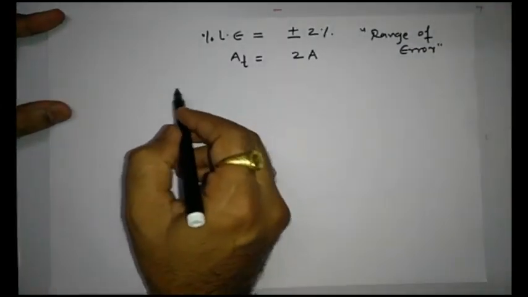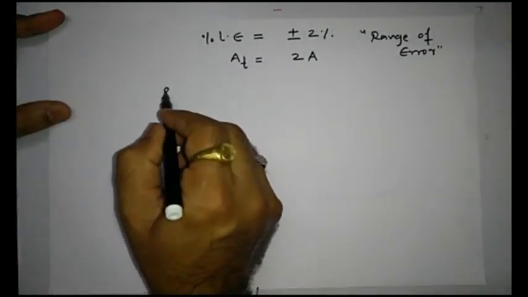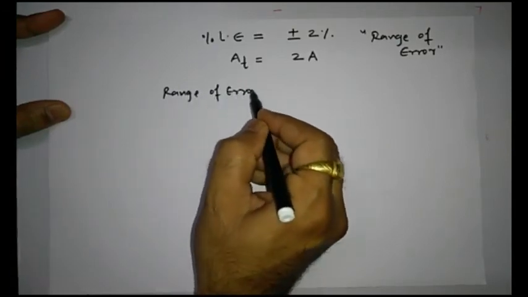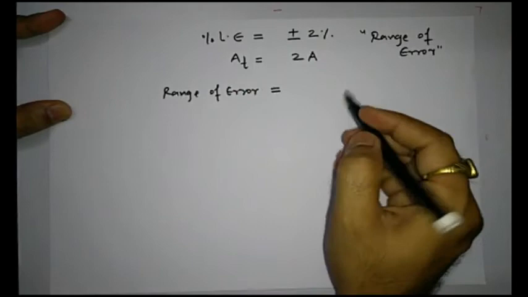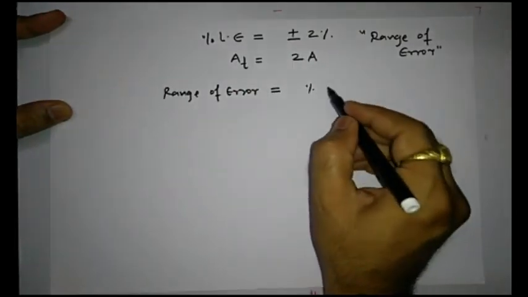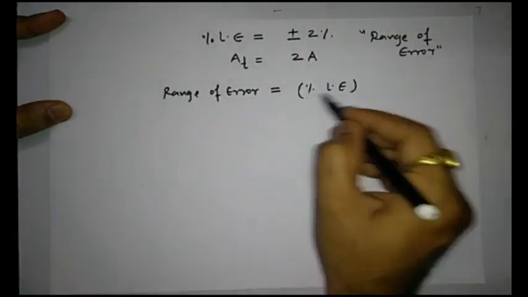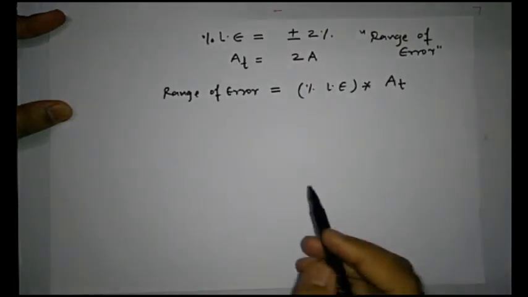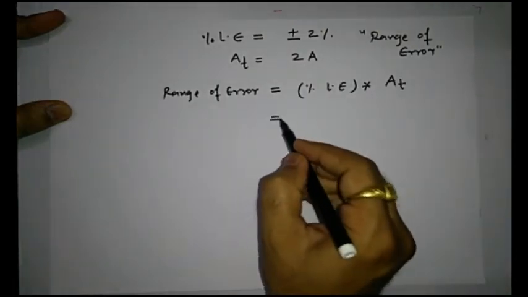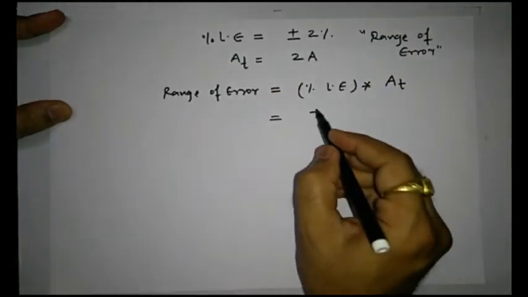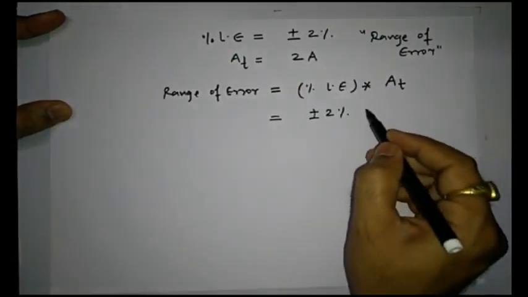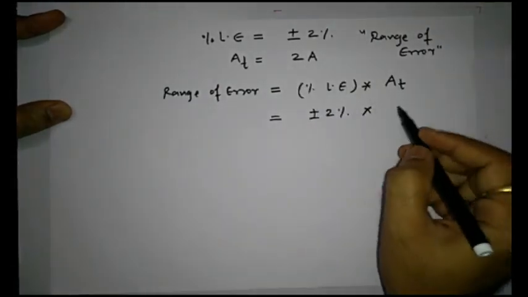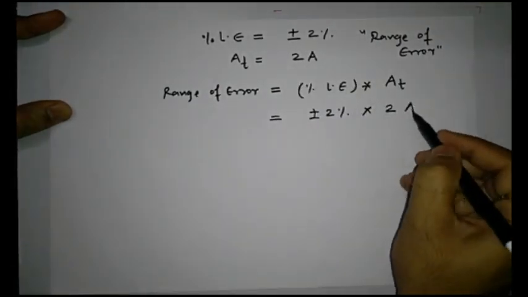So here we can write, range of error is nothing but percentage of limiting error multiplied by the true value of unknown quantity. So in this case, percentage of limiting error is plus minus 2% multiplied by the true value of current flowing through the circuit, which is nothing but 2 ampere.